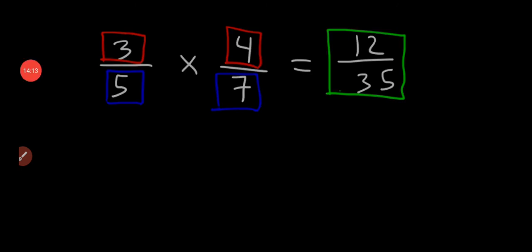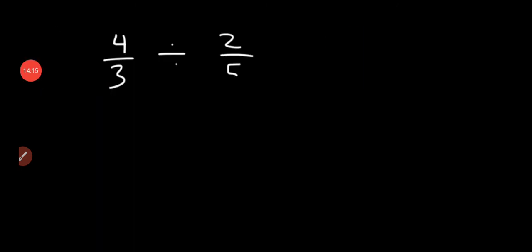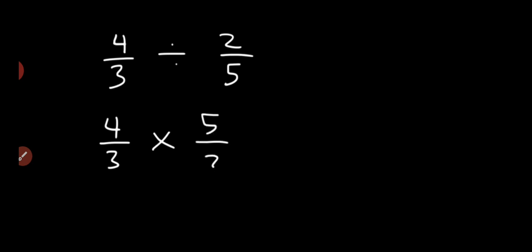Okay, understand? And same for dividing two fractions, what we do, keep the first number and flip the sign, means division to multiplication, and convert the second number to its reciprocal.